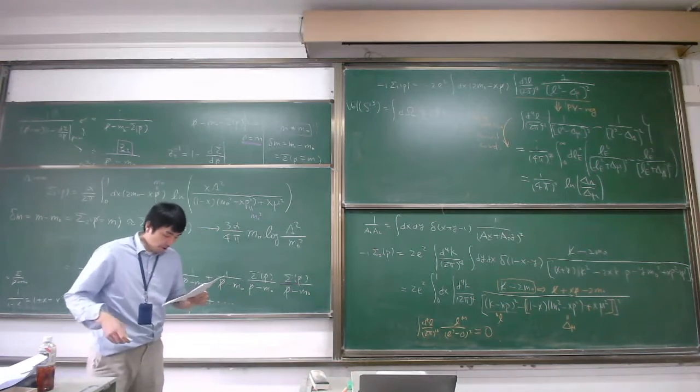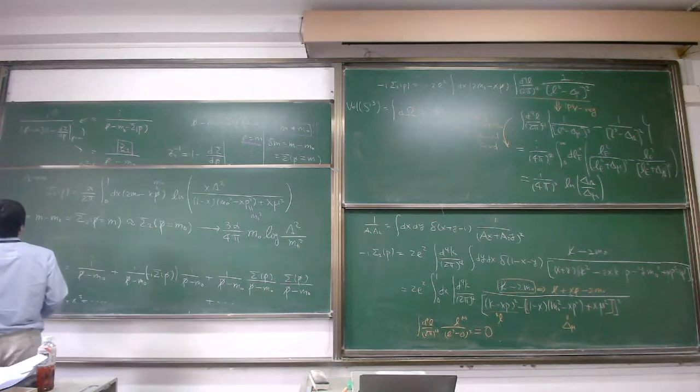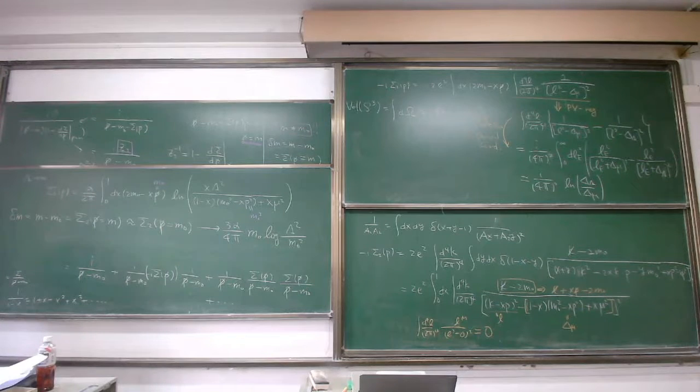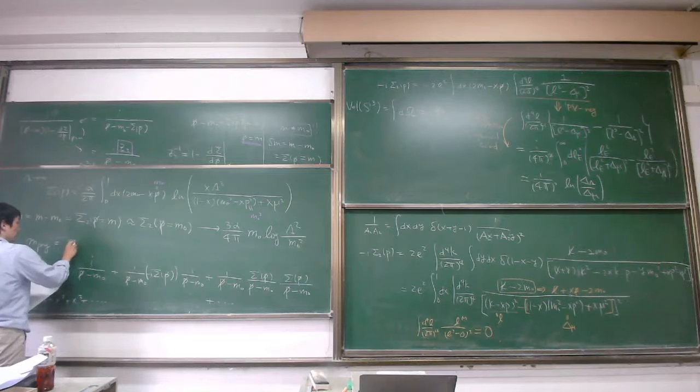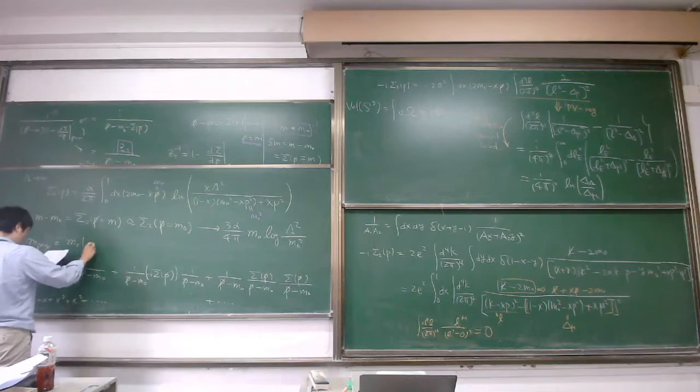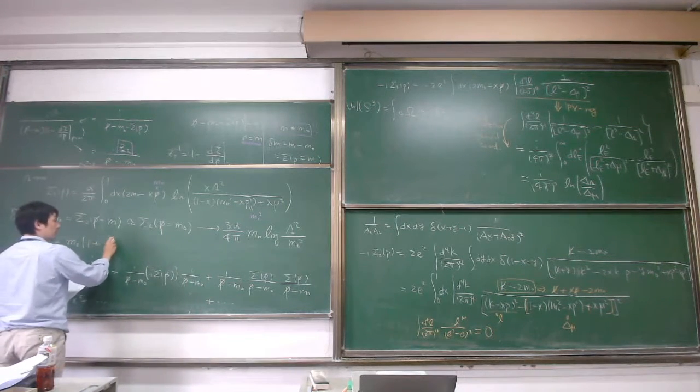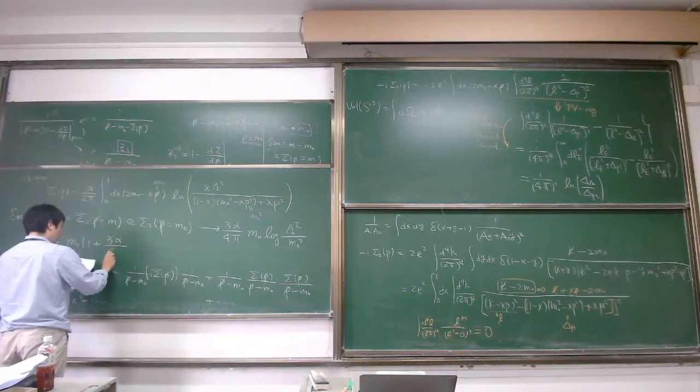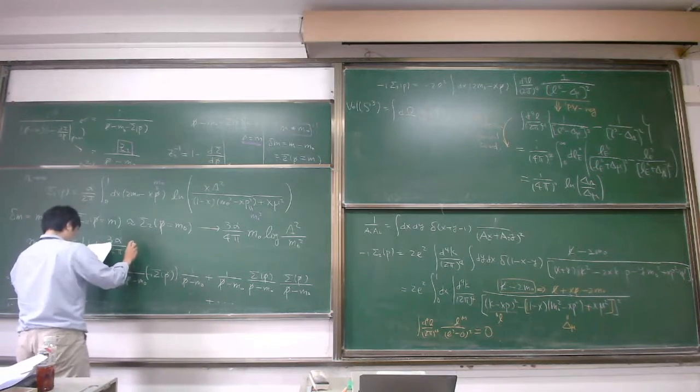So therefore, what we have is that m0 in terms of the physical mass is equal to m times 1 plus 3α divided by 4π log of λ².